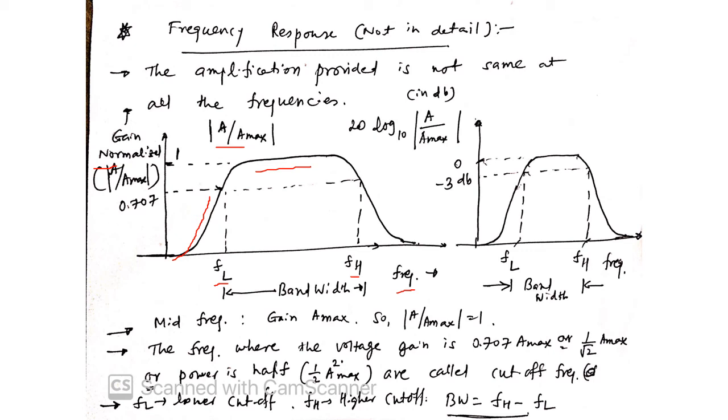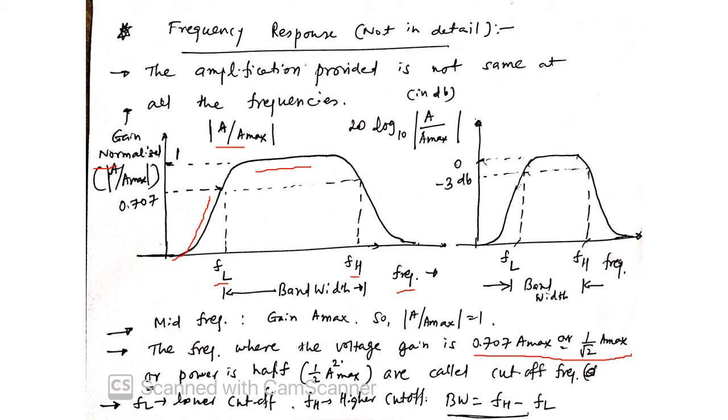So anyway, with respect to the maximum gain, there are two frequencies where we have A by A max equal to 0.707, or it is 1 by root 2 of the A max. Okay, 0.707, or you can say it is 1 by root 2 of the maximum gain. Corresponding to that, you can find there are two frequencies.